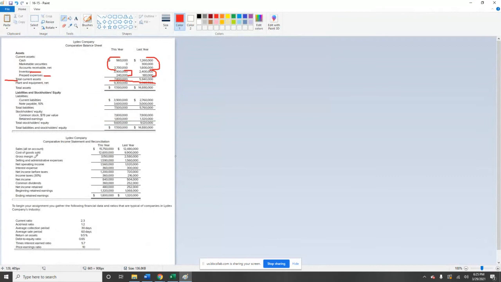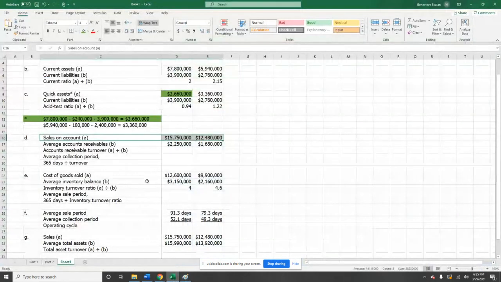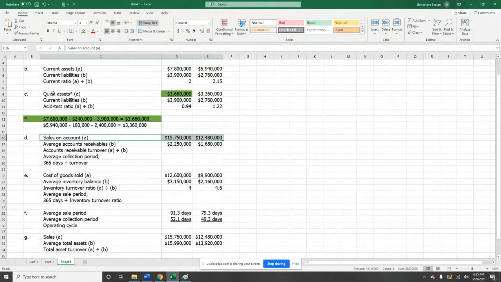So if you were to look back over here at your income statement, see how it says all sales are on account? If they didn't tell you that, they would have to tell you something like how much of the sales are cash, so you could subtract, right? You had to be able to figure out how much of the sales are on account. And for this company, they're all on account. So our sales revenue is our sales on account, right?